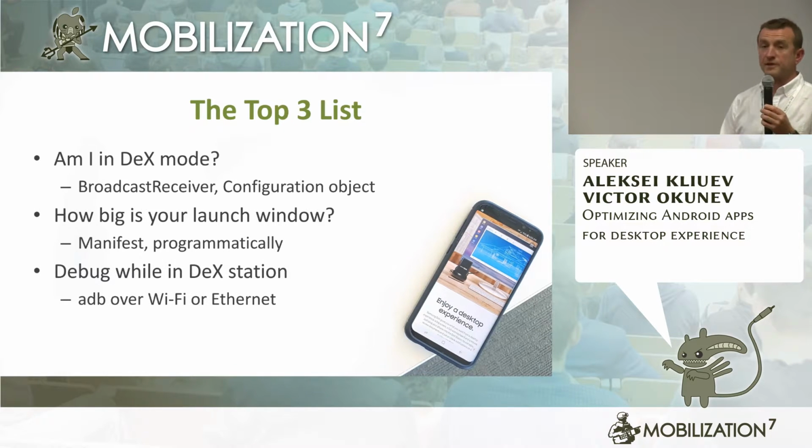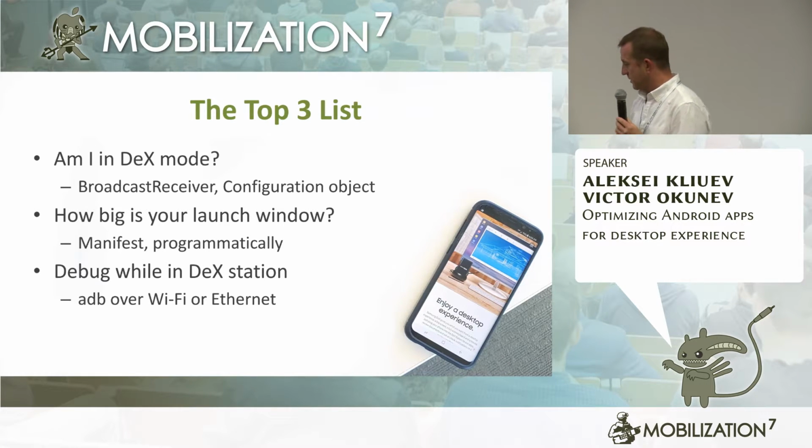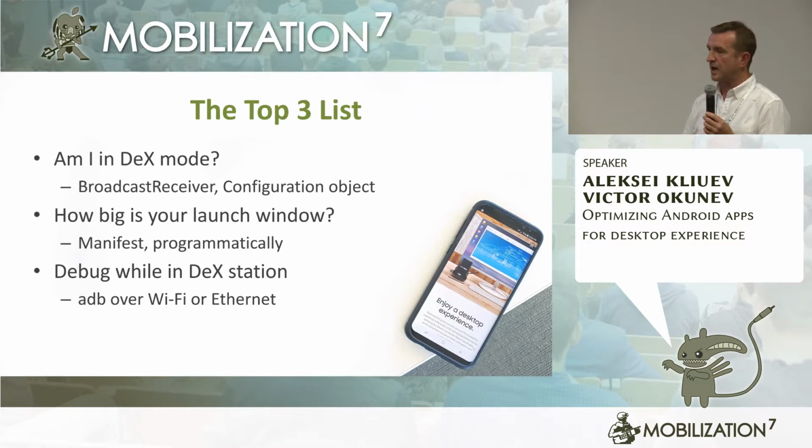And this is one of the favorite ones. You may ask, well, if I'd like to actually debug my application that runs in a desktop mode, how do I actually do that?